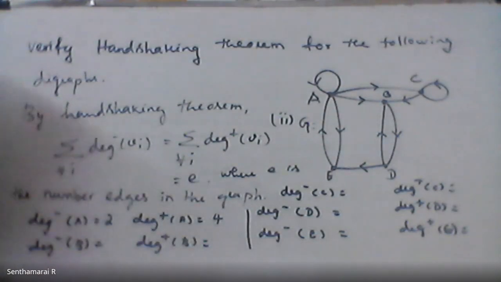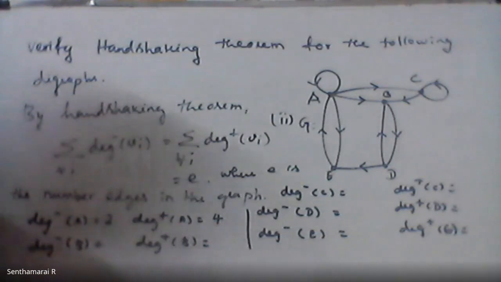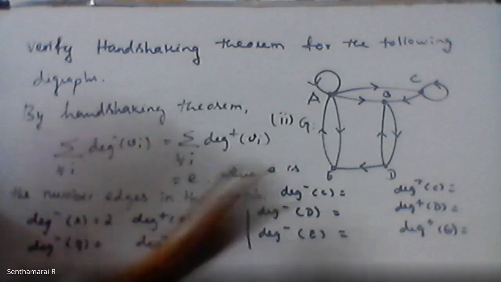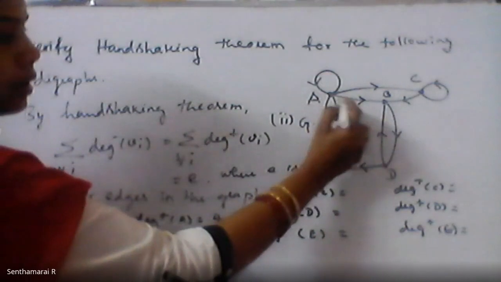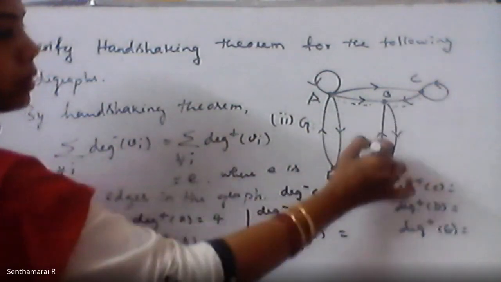Likewise, can you tell me the remaining in degree and out degree? Hardik Sharma, can you tell me? In degree of B? 1, 2, 3.